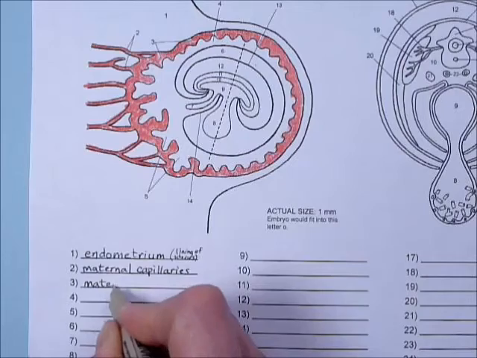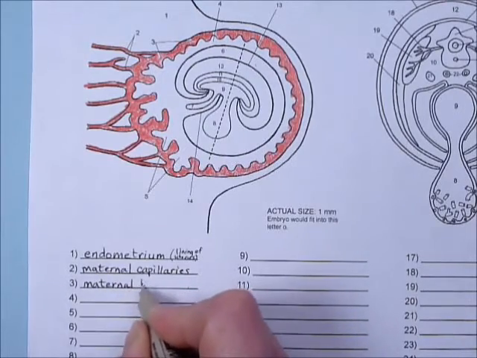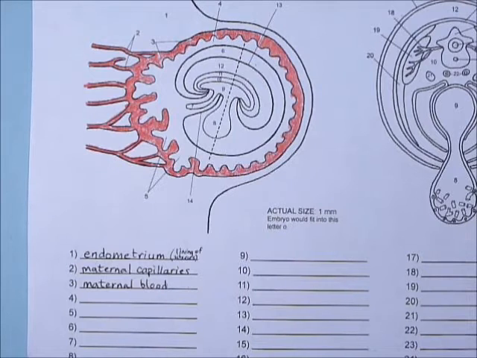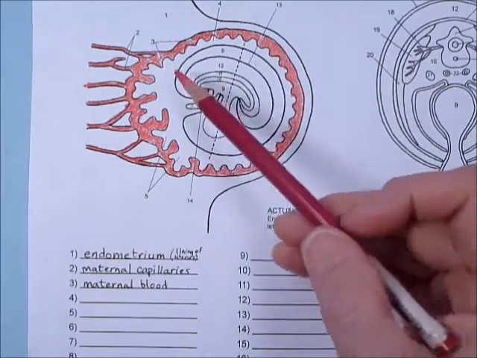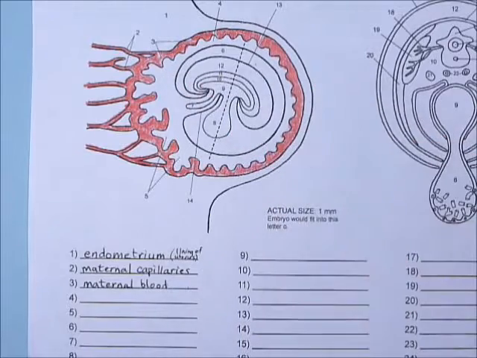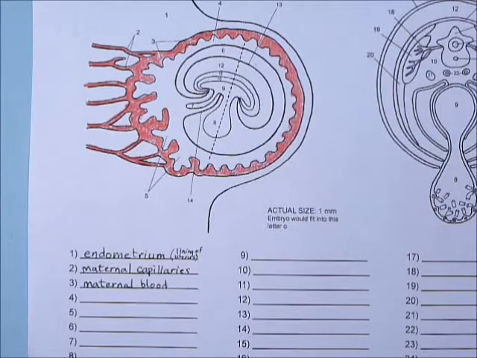Let's just write maternal blood. And once again, when we talk about blood, get your mind used to thinking blood, that's a good thing. Blood means oxygen, it means nutrients, food. Right? It's not yucky. Blood is the thing that brings the oxygen and food to the cells. So this is a good thing to have all this blood around here. This is where the embryo is going to get all its nutrition and oxygen.